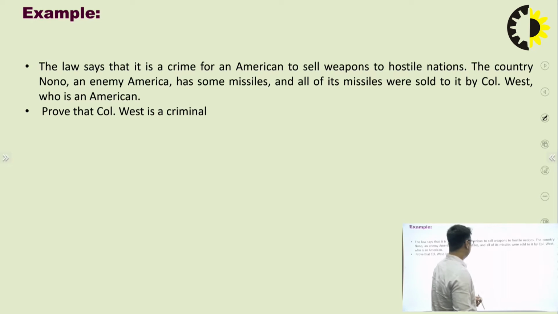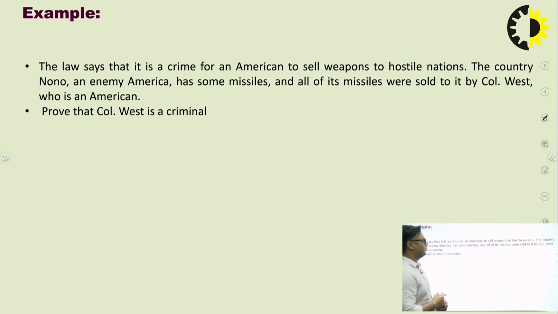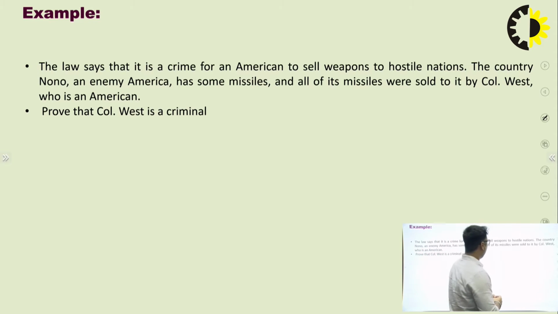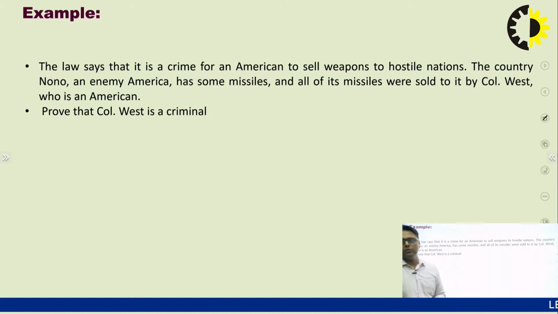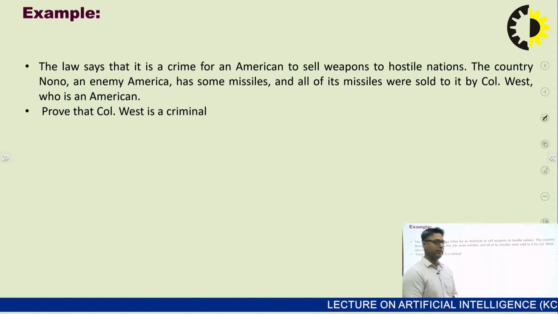The example is: the law says that it is a crime for an American to sell weapons to a hostile nation. The country Nono, an enemy of America, has some missiles, and all of its missiles were sold to it by Colonel West, who is an American. Prove that Colonel West is a criminal.